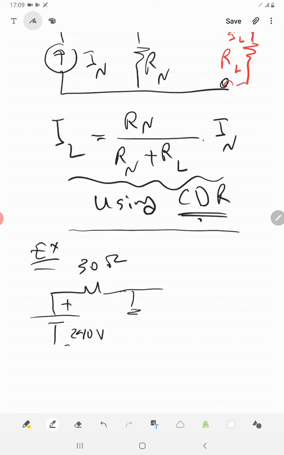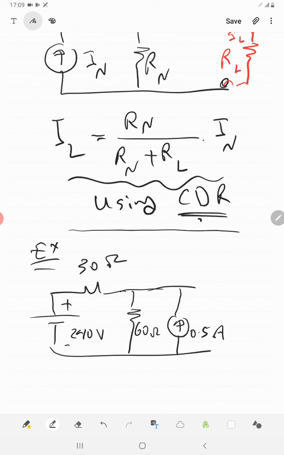And what we have here is a 60 ohms. And what we have here is 0.5 ampere, and we have a 70 ohms. Okay, this is the original circuit.